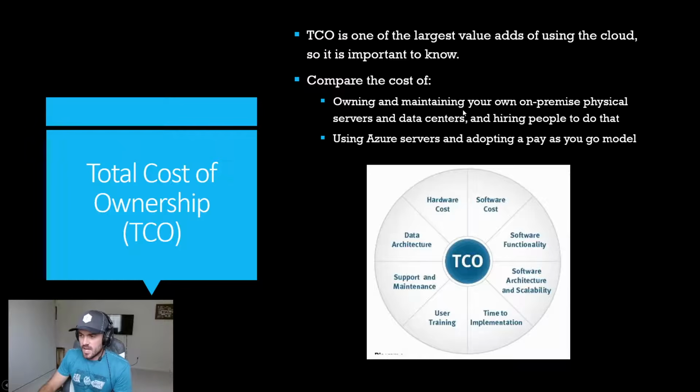Because option A, if you're doing your own stuff, you got to consider the hardware and software costs. Does your software work as you need it to? Does it scale if you get more or less demand? How long does it take to implement it or to make new changes, updates, whatever? There's all sorts of things you got to consider. You can get rid of all those if you just offload it to Azure potentially. So it's important to know TCO, and there's definitely a TCO calculator that you can use with Azure.